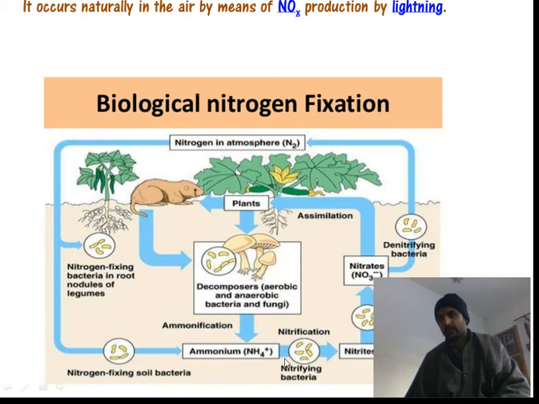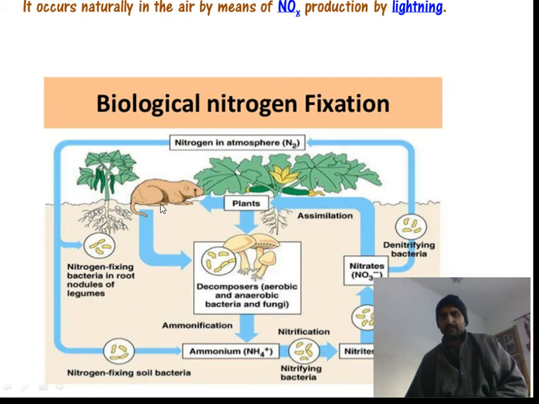This process is called nitrification. Nitrates can again leave the soil and enter into the atmosphere in the form of atmospheric nitrogen by the process of denitrification, and this is done by the denitrifying bacteria. These nitrates are readily assimilated by the plants. These are usable by the plants.